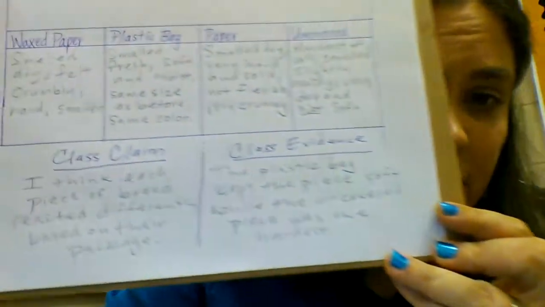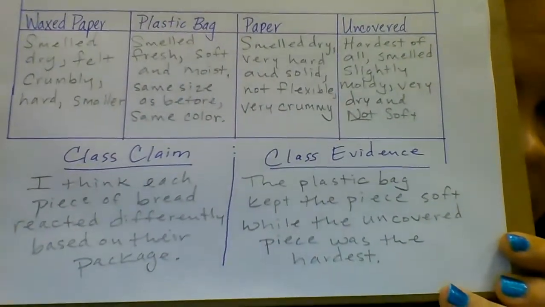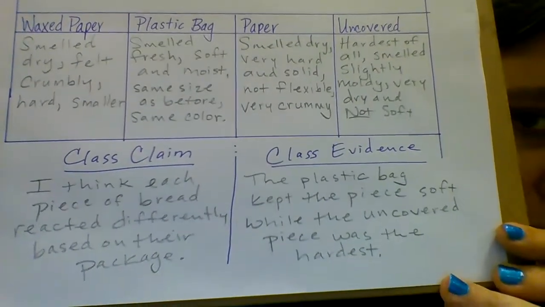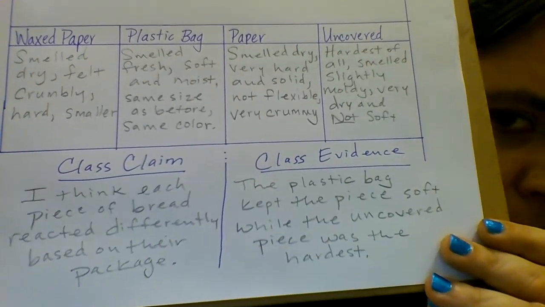The plastic bag kept the piece soft, while the uncovered piece was the hardest. Is that proof that the bread reacted differently based on what it was wrapped in? Sure it is.